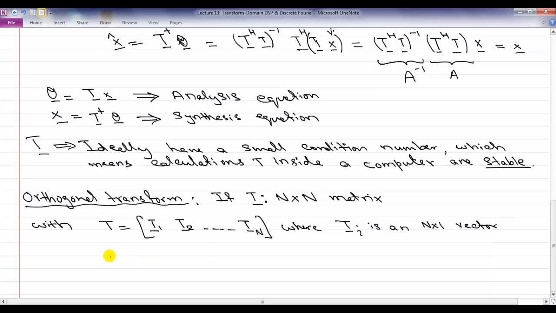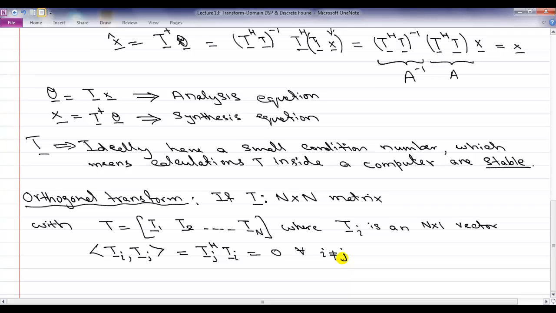So the other condition we are going to impose for our orthogonal transform is that the inner product of Ti and Tj, which in the case of vectors is defined as Tj Hermitian Ti, is equal to 0 for all i not equal to j.